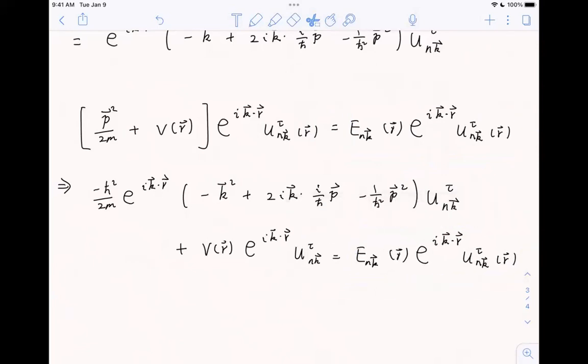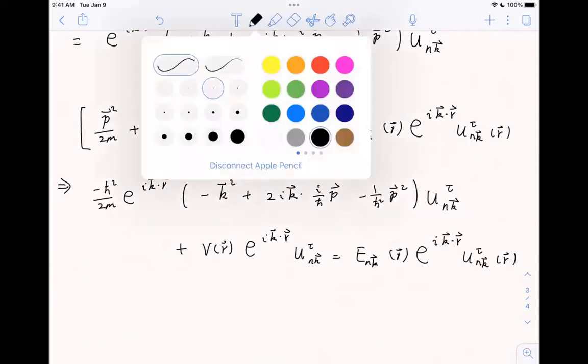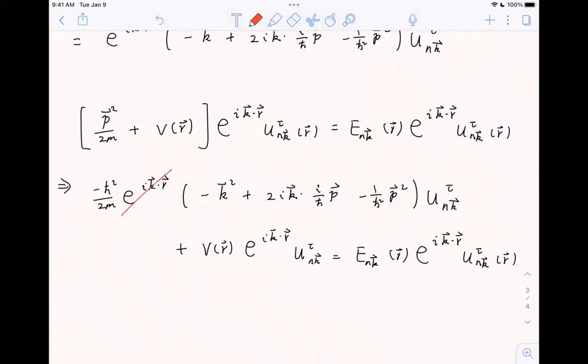Okay, so you just rewrite in this way. Now the key thing here is that you can cancel this factor. Okay, this is the key thing. When you do this kind of operation, you can make this factor come out and they get canceled.